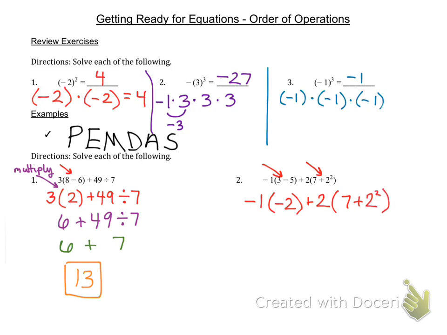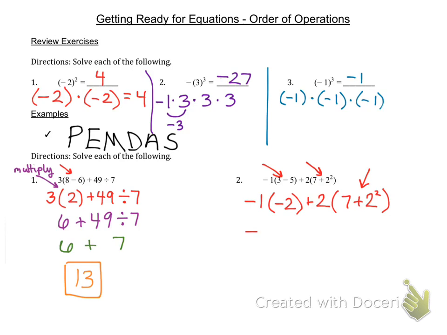Okay, now I still have these parentheses right here. So I need to look at order of operations and decide, am I going to do the exponent first, or am I going to add those two numbers together first? Well, according to order of operations, I have to do the exponents first.